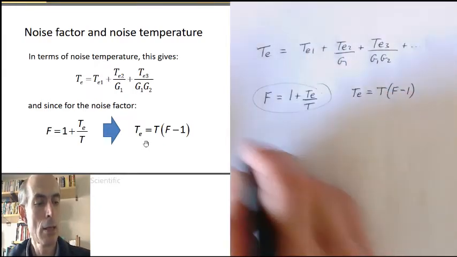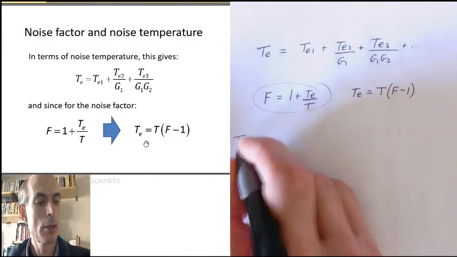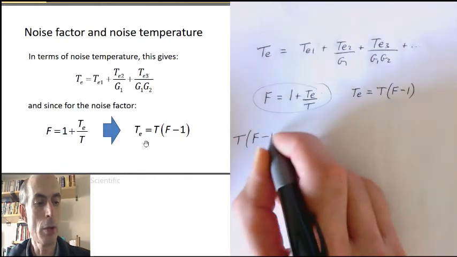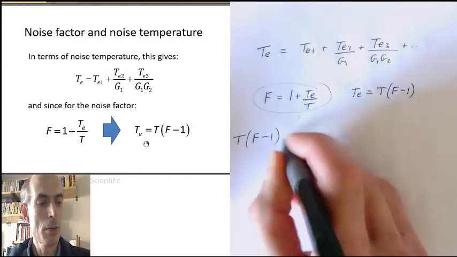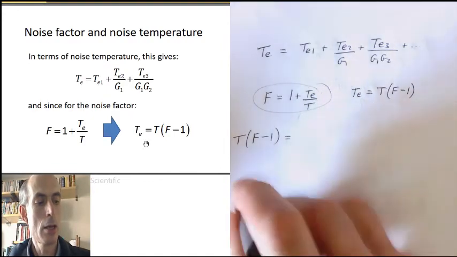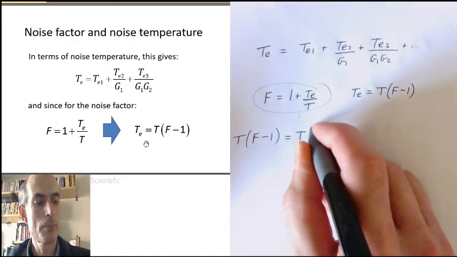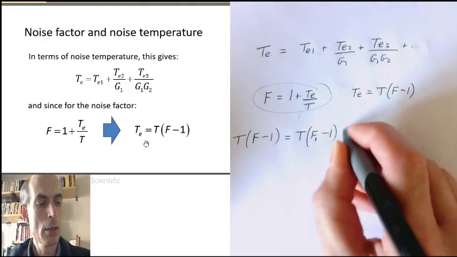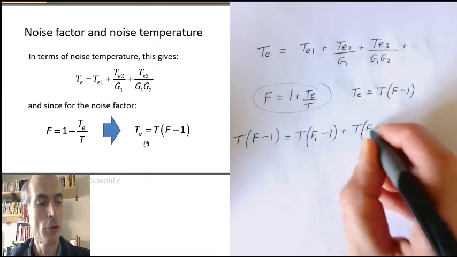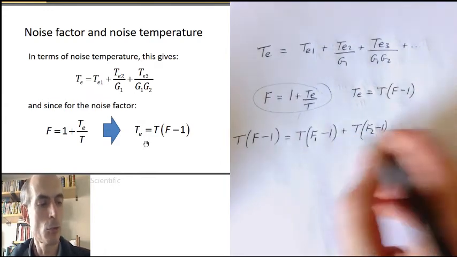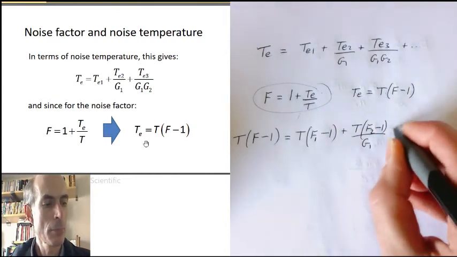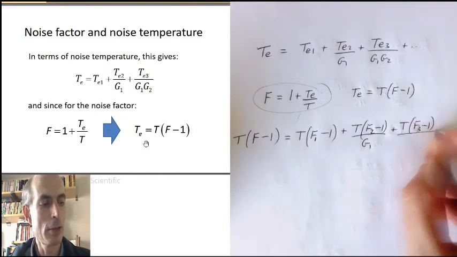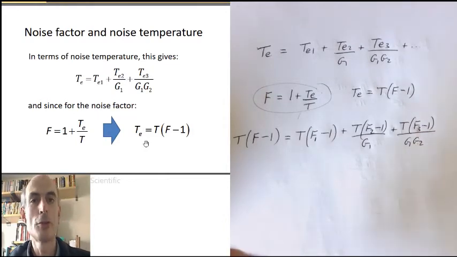Therefore, the system temperature times the total noise factor of the whole amplifier minus 1, that's just this, must equal the system temperature times the noise factor of the first stage minus 1 plus the system temperature times the noise factor of the second stage minus 1 divided by the gain of the first stage, plus the system temperature times the noise factor of the third stage minus 1 divided by the product of the first two stages' gains.